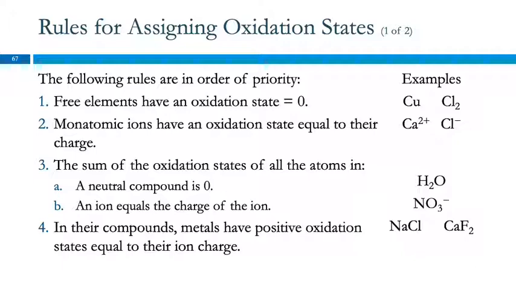If you have an atom, no charge, its oxidation state is 0. Free elements have an oxidation state of 0. So copper or chlorine, if you have an element by itself, oxidation state is 0. Because if you looked at this Cu, what's the charge on that?